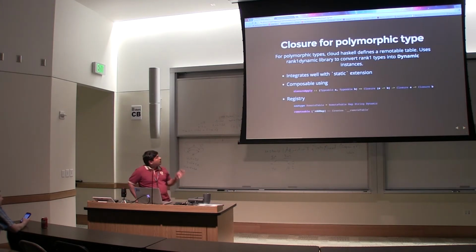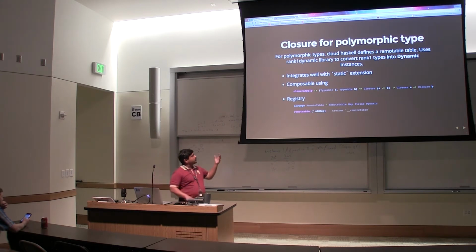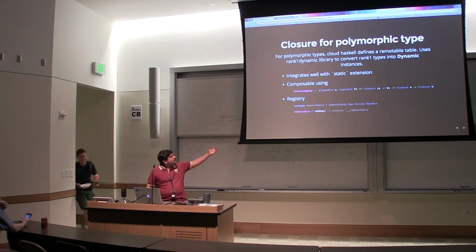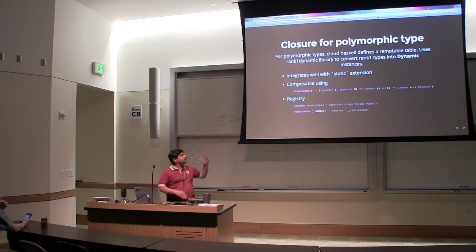So what Cloud Haskell does is something clever. It takes a polymorphic type and converts it into a dynamic type. For example, if a function is A to B, then the dynamic type would be like Any to Any, and that Any to Any would be Typeable and Dynamic, which latter can be coerced into A and B, different types.